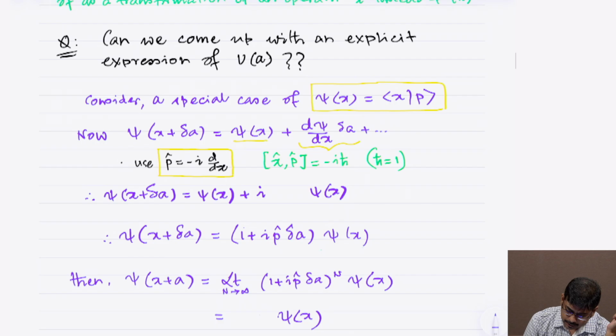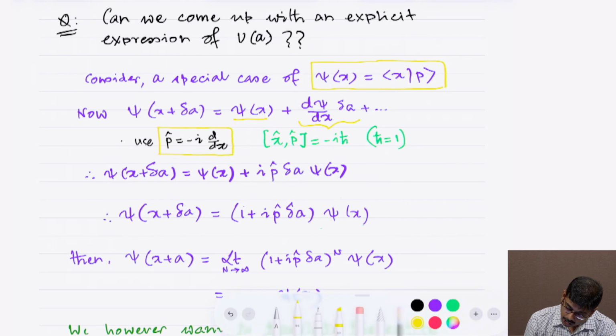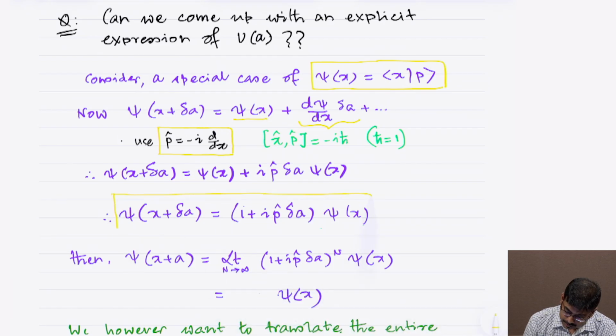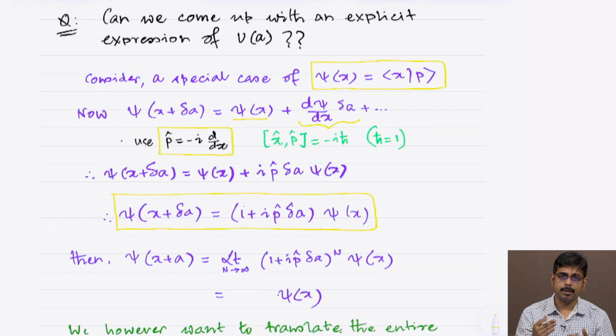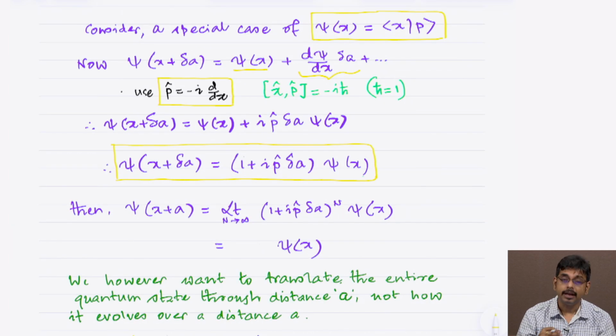Therefore, if you go back to this relation, then psi(x + δa) I can rewrite as psi(x) + i p δa psi(x), or in a sense I can say that psi(x + δa) is nothing but (1 + i p δa) psi(x). Now, if I take this transformation successively again and again for capital N number of steps, so that this transformation takes you from x to x + a, where a is accounted by these δa steps, N number of times, with N repeated almost to infinity, then I can simply say that psi(x + a) is equal to the limit as n tends to infinity of (1 + i p δa) to the power n.